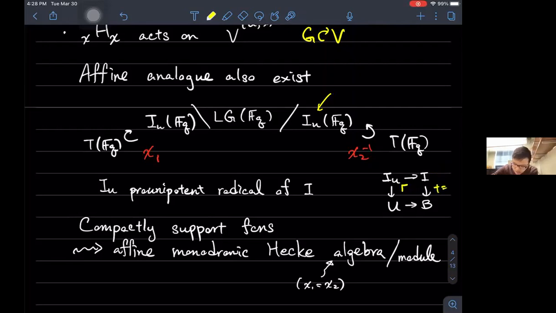This is also evaluation at T equals 0. And I also require that it has some monodromy. Then I also consider compactly supported functions. So if chi1 and chi2 are the same, then it is an algebra. Otherwise, it is a module. So far, any questions?